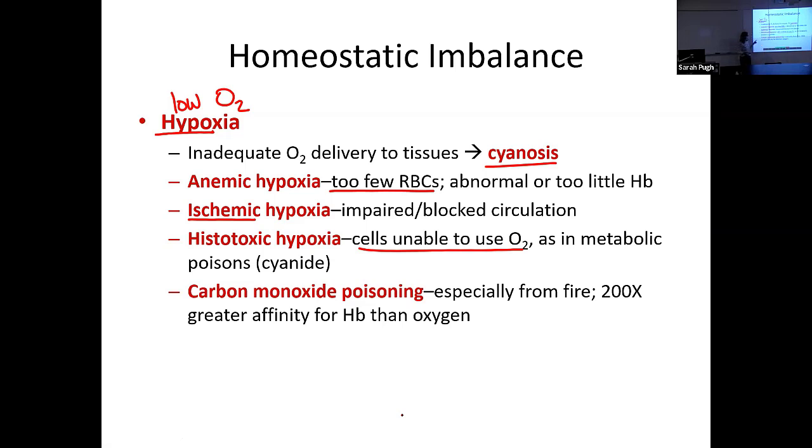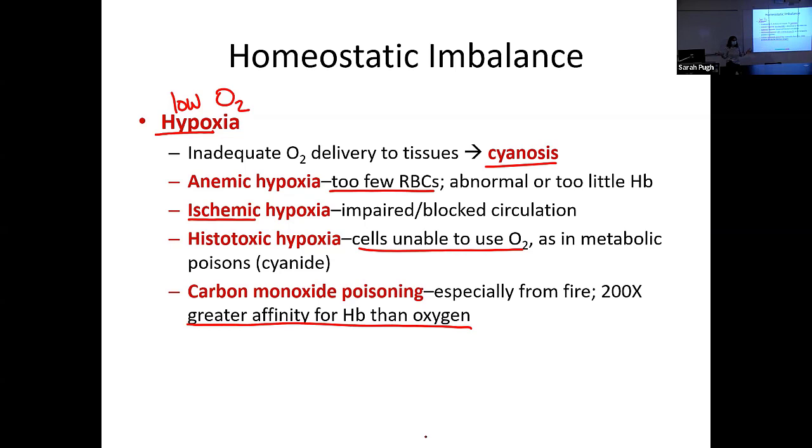So this is why carbon monoxide is so dangerous, especially since you get carbon monoxide from fire. The reason is carbon monoxide has a 200 times greater affinity for hemoglobin than oxygen. So that means if carbon monoxide is present in the atmosphere and you breathe it in, it's going to bind to hemoglobin way before oxygen does.